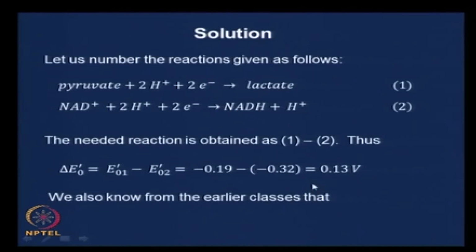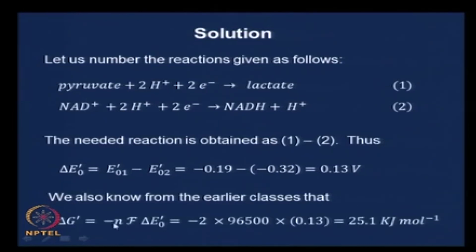And we know from earlier classes the relationship between delta G and the difference in the reduction potentials, that is delta G naught dash equals minus nF, the Faraday's constant, times delta E naught dash, and n in this case, the number of electrons transferred, happens to be 2. Therefore minus 2 into 96,500, the Faraday's constant in the required units, times 0.13 volts, we get 25.1 kilojoules per mole.